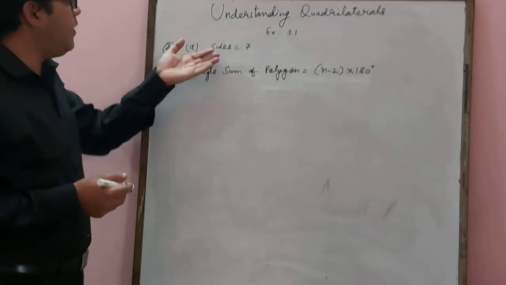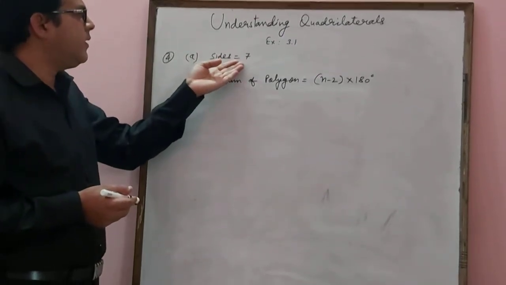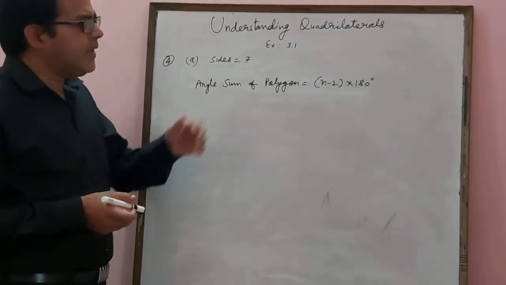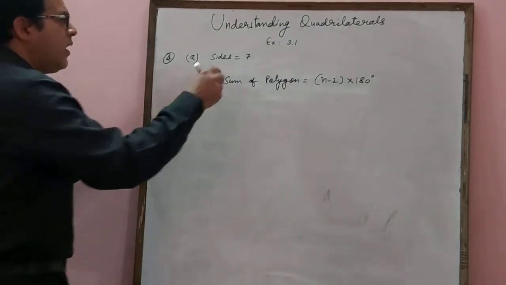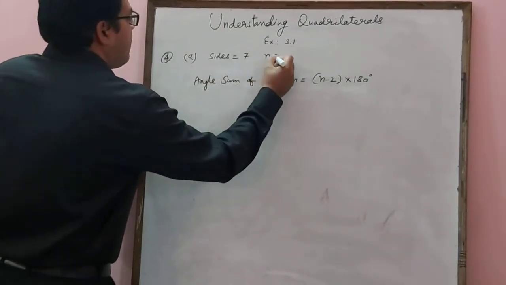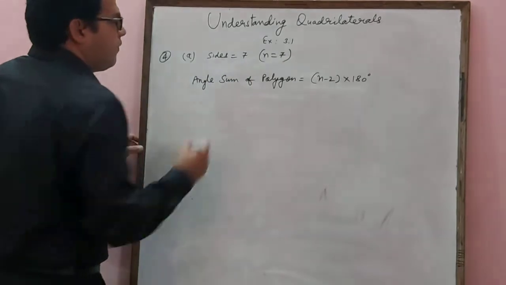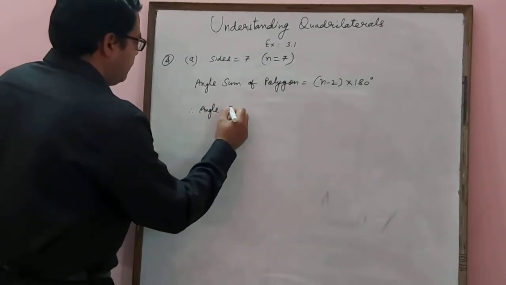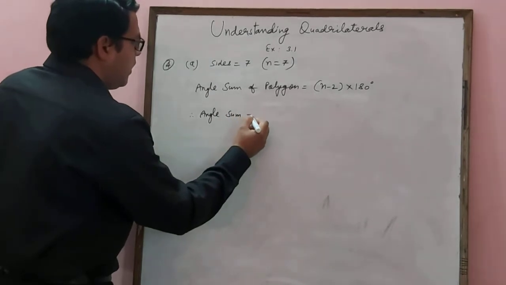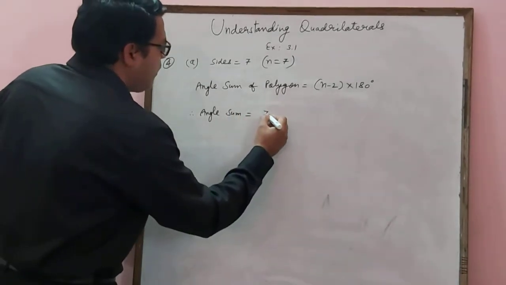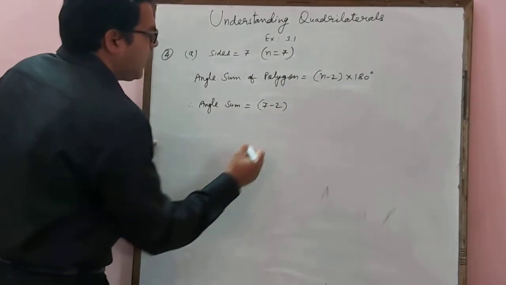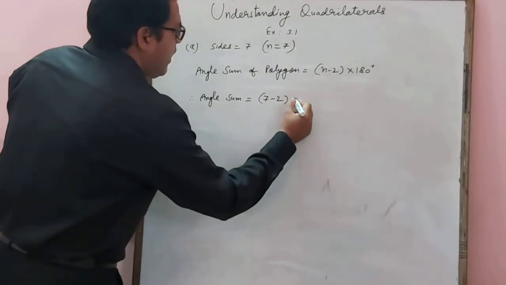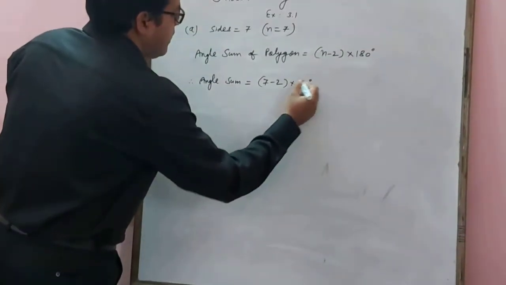So the polygon has 7 sides, and we have to find its angle sum. Here n is 7. Therefore, angle sum: because the value of n is 7, we put 7 in place of n and multiply by 180.